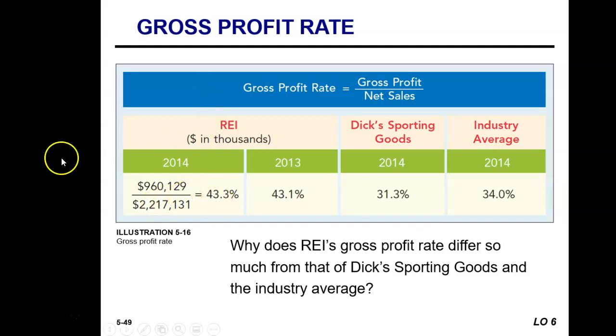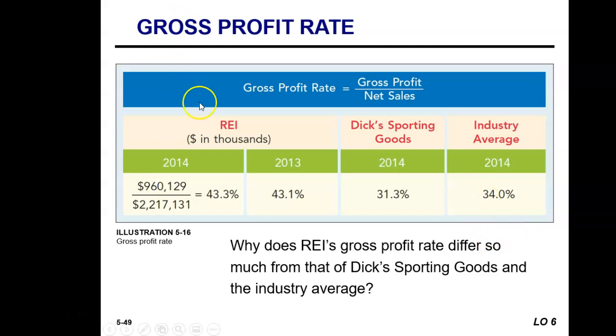So for REI, for example, they have a markup of 43.3% on the cost of their products. Compared to Dick's Sporting Goods, they have a gross profit rate of about 31.3%, and for the industry at large, their rate is about 34%. So what does that mean?